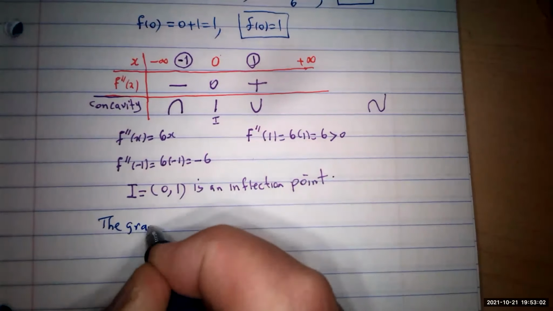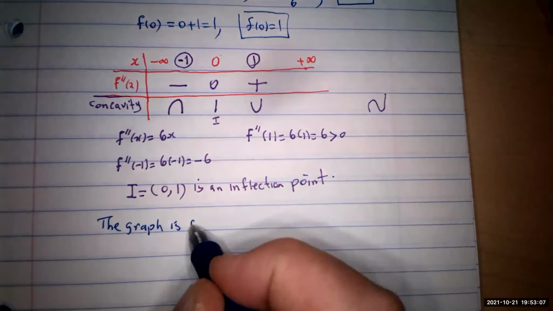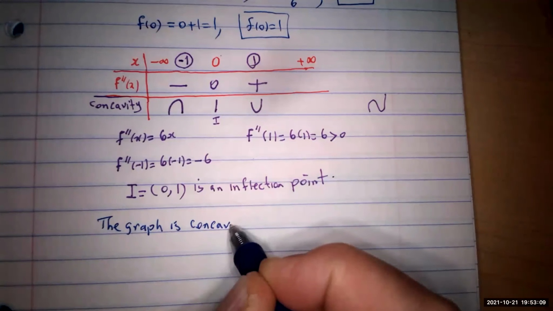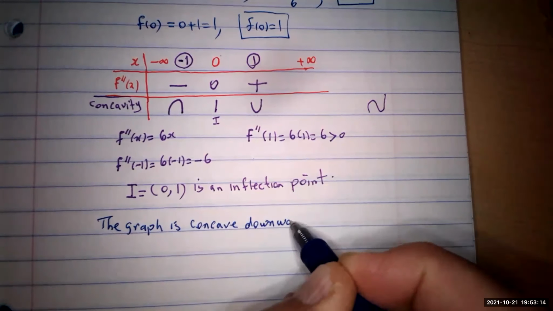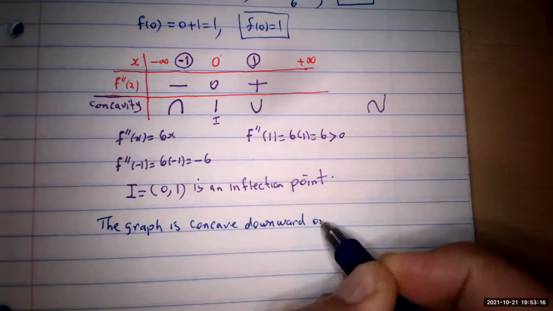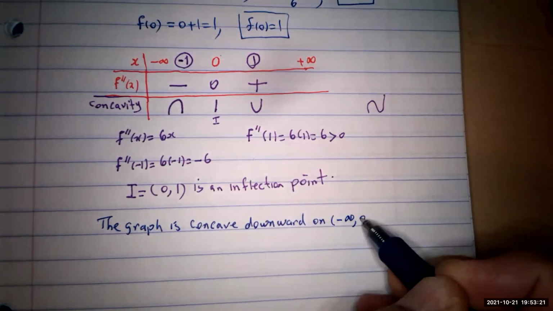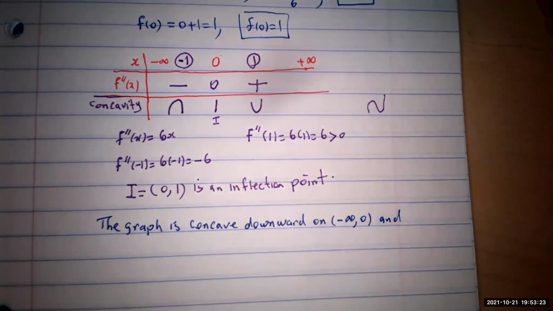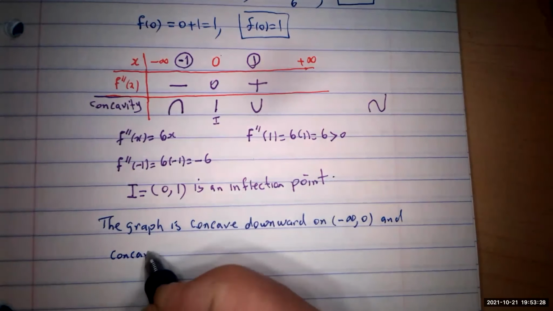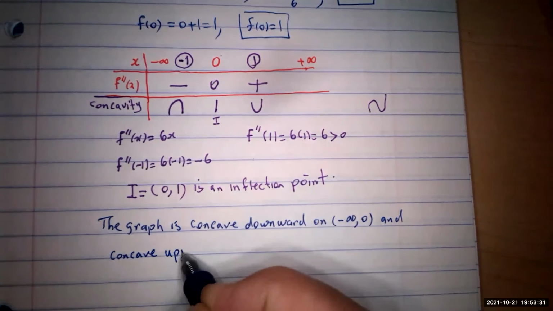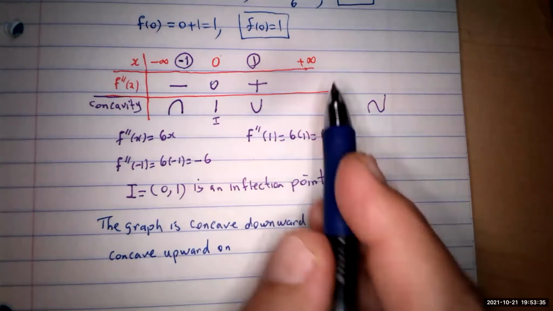The graph is concave downward on the interval negative infinity to 0, and concave upward on the interval 0 to positive infinity.